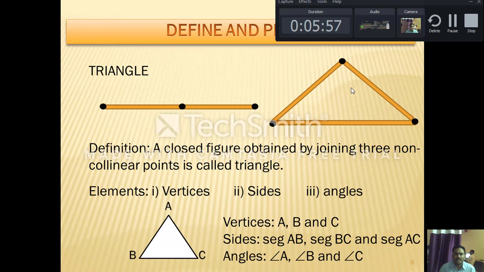Third element is angle. An angle is nothing but the union of two segments intersecting with each other at one point. In a triangle, there are three angles. So in triangle ABC, the vertices are point A, point B, point C. Sides are segment AB, segment BC and segment AC. And the angles are angle A, angle B and angle C.